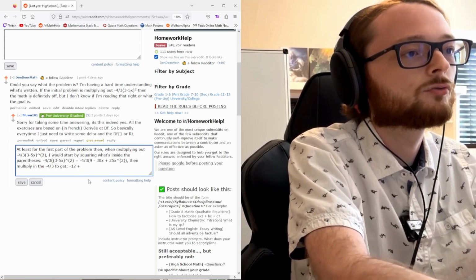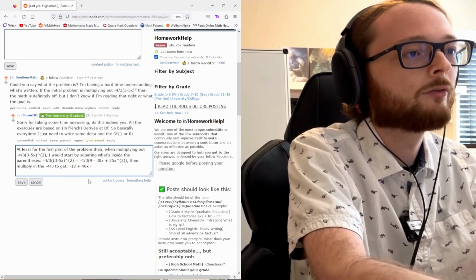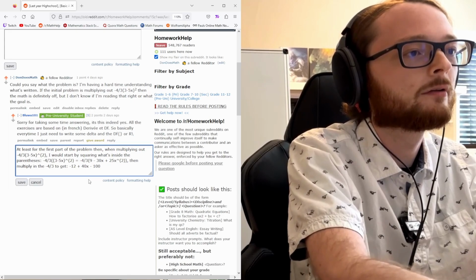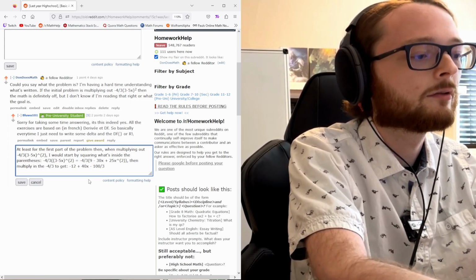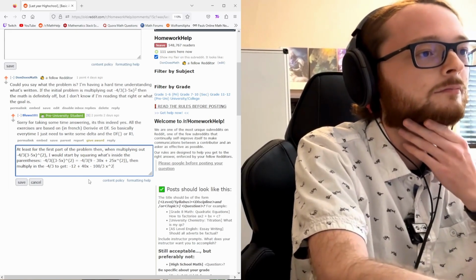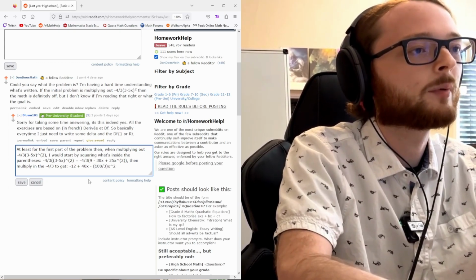Plus 40x minus 100 over 3 doesn't simplify. 3, then I'll put a space so it's hopefully clear that the x squared isn't on the bottom too. Actually, I'll put that in parentheses. That'll be a bit more clear, I think.